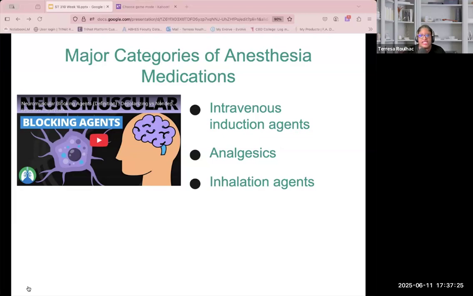They are preventing that pain sensation during the procedure. With our inhalation agents, we are inducing unconsciousness and preventing motor responses to painful stimuli. And there are neuromuscular blocking agents, which relax the muscles for intubation and help with all surgical procedures.